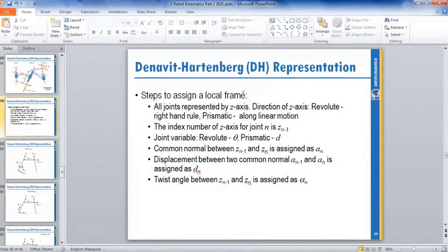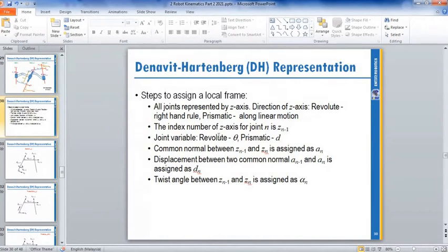Steps to assign a local frame. All joints are represented by the z-axis. This is what I explained before. The direction of the z-axis: for revolute, we use the right hand rule. For prismatic, it is along the linear motion. On the z-axis, revolute is theta and prismatic is d. So the index for z for joint n is z n minus 1.